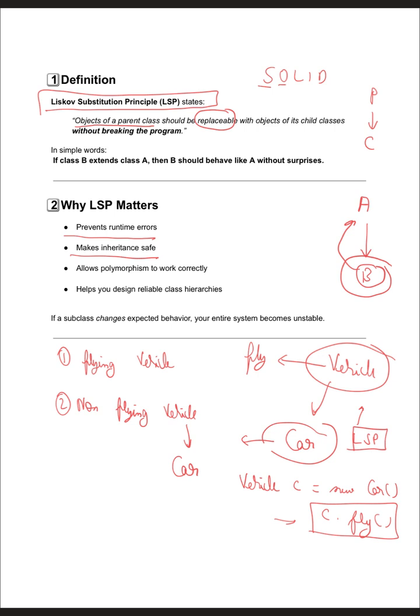You are also following the Liskov substitution principle. It allows polymorphism to work correctly, as I just explained, and helps you design reliable class hierarchies. If a subclass changes expected behavior, your entire system becomes unstable. Just imagine you are trying to invoke c dot fly, then it will fail basically.